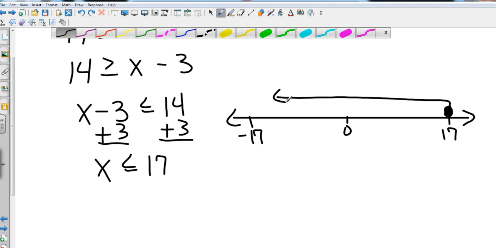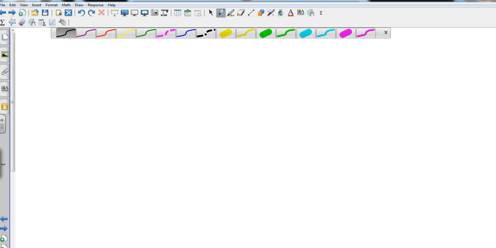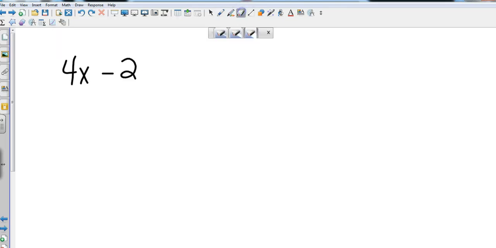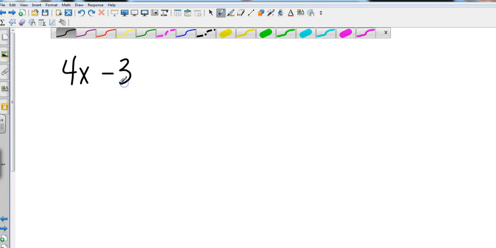Now, they could have some variations, such as, well, let's see, will they go, yeah, probably not going to go that far yet. Let's put a 3x.